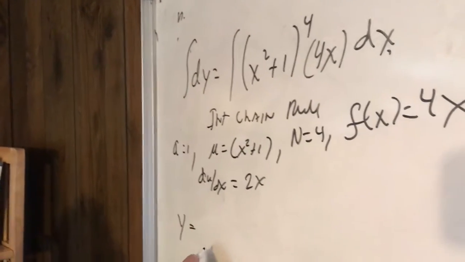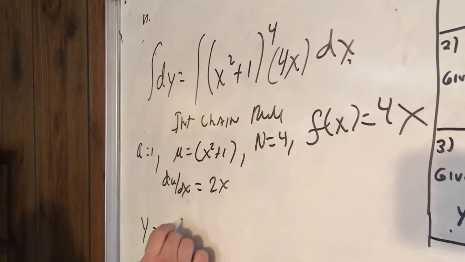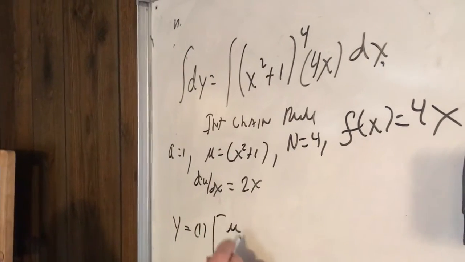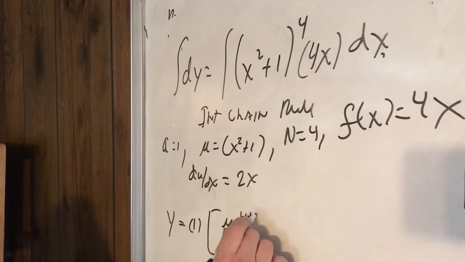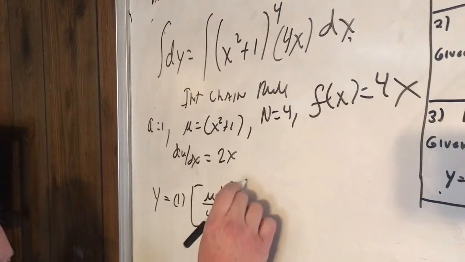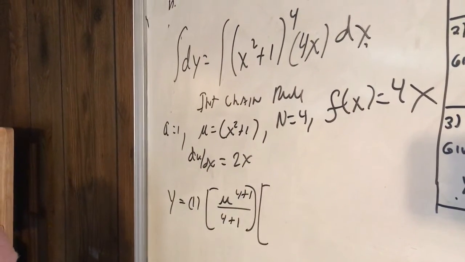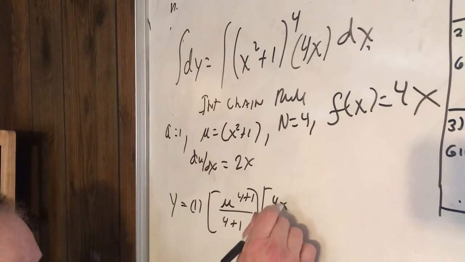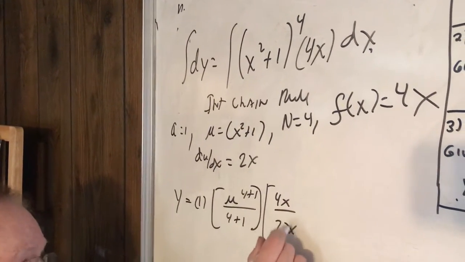Y is going to be A, which is 1. U to the 4 plus 1 over 4 plus 1. F of x is 4x. And 2x.